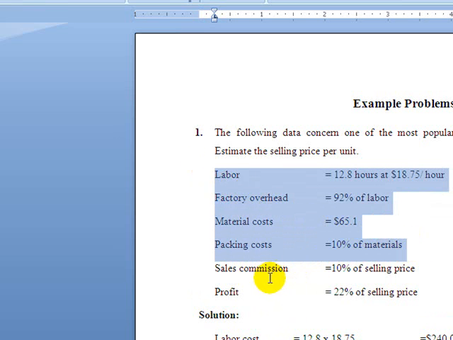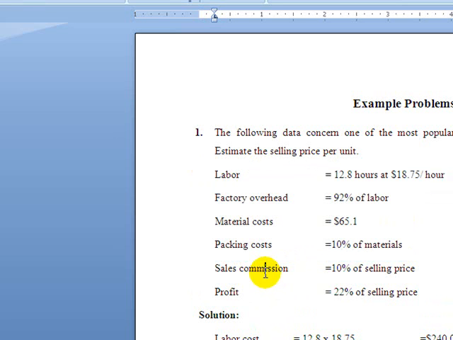Now we need to find out not only the cost, but we need to determine the selling price per unit. So for that we have some other information. This item is sales commission. Sales commission per unit is 10% of selling price.